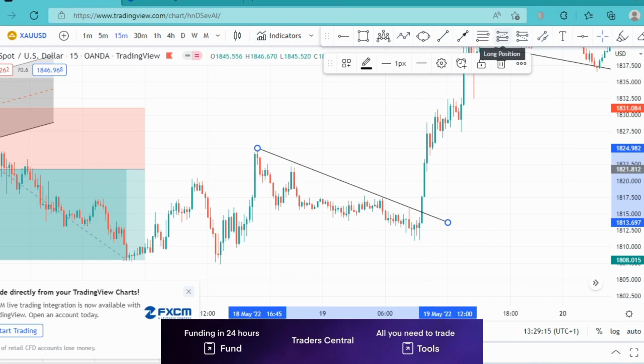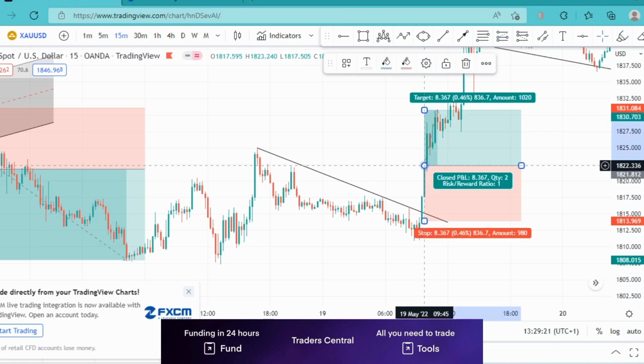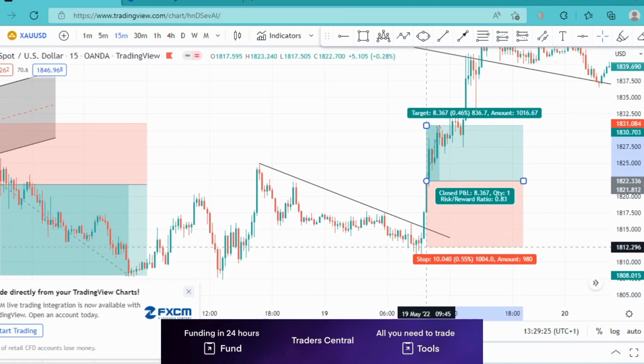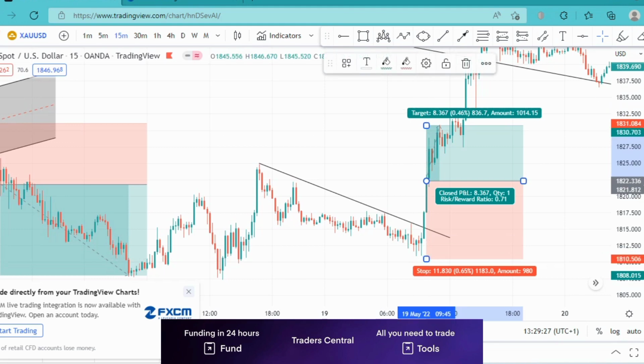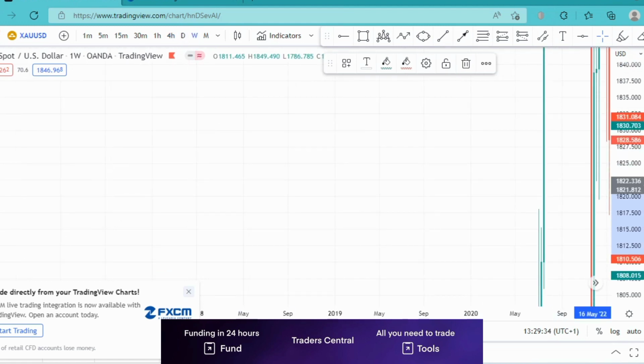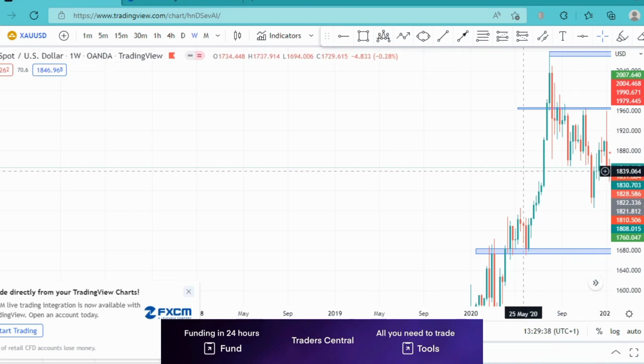I think I'm in at the 1820, 1822 level, somewhere around this area. So and my stop loss was just down here. Okay, and then my take profit is open, but I'm expecting, like I said in my previous analysis, I'm expecting price to get to the trend line.